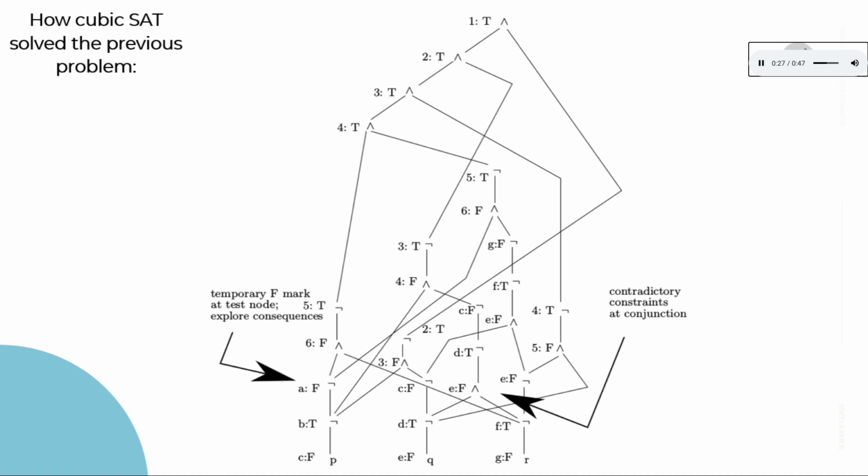Since the test node cannot be marked true or false, as both of these markings produce a contradiction at some node, this implies that the given formula is unsatisfiable.